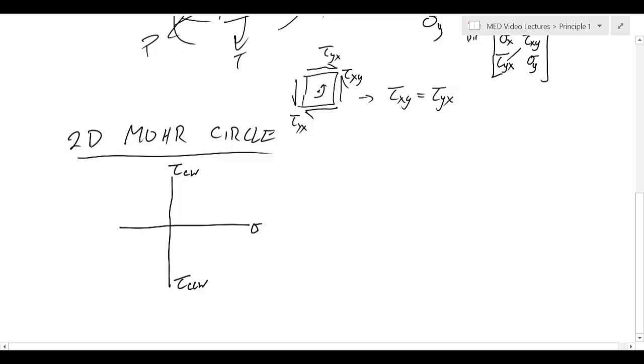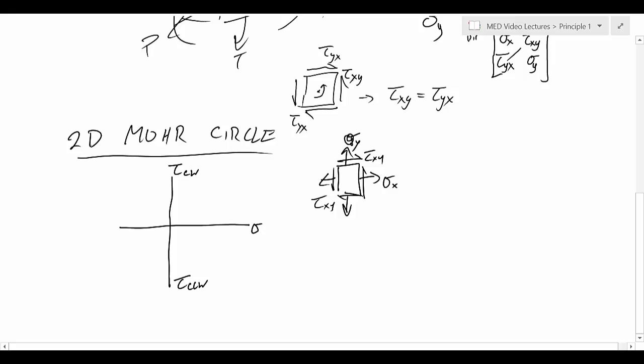So we could have a block that has some amount of normal stress. I'll just draw it positive for now. And some shear stress. And again, I can just use tau xy here because tau yx is the same thing.